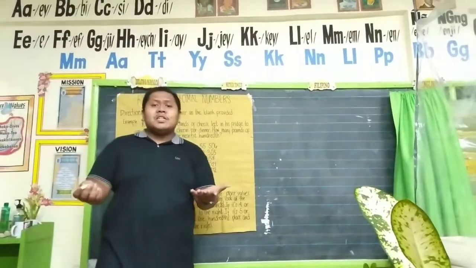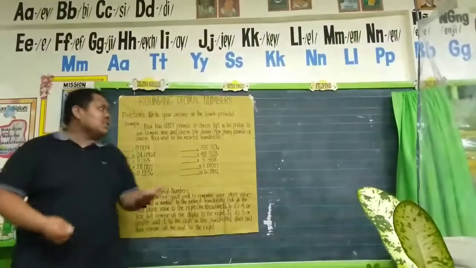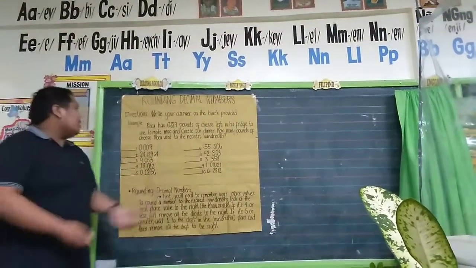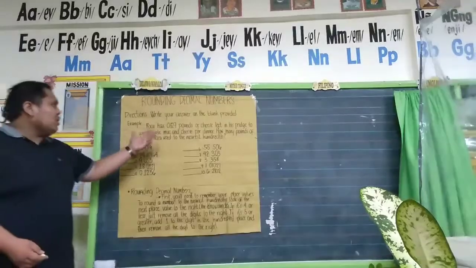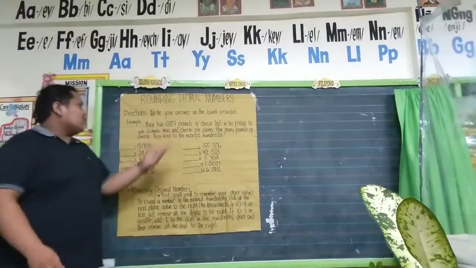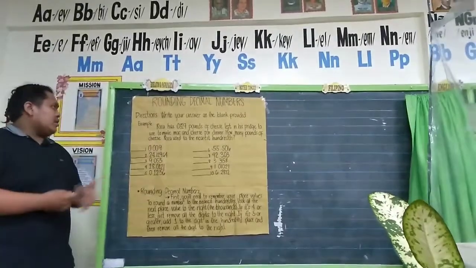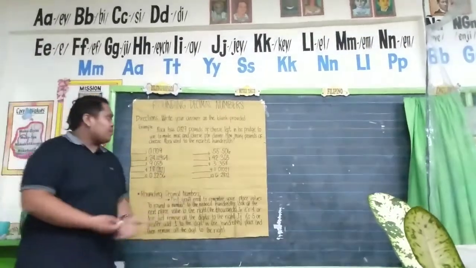But before we start our discussion, let us have this activity. Write your answer in the block provided. Example: Roca has 0.527 pounds of cheese left in his fridge to use to make mac and cheese for dinner.